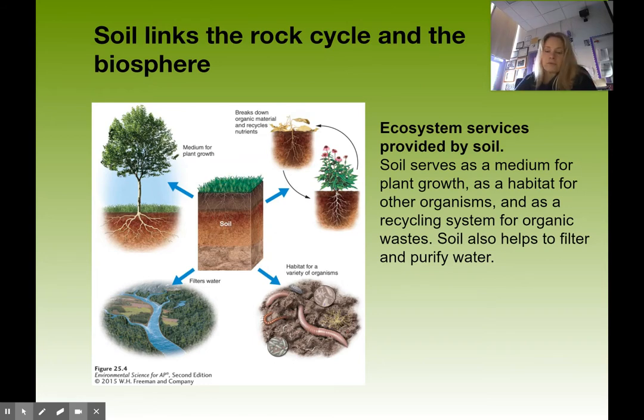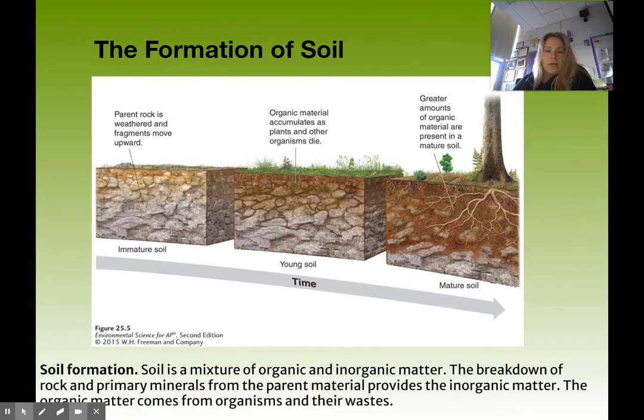All right, so the way soil forms is we start with the parent rock, which is usually the bedrock. That would be our immature soil on the left, and that's this picture. We've got different weathering processes occurring, physical and chemical weathering, and that starts to break down the rock at the surface. Then you mix it with organic material.